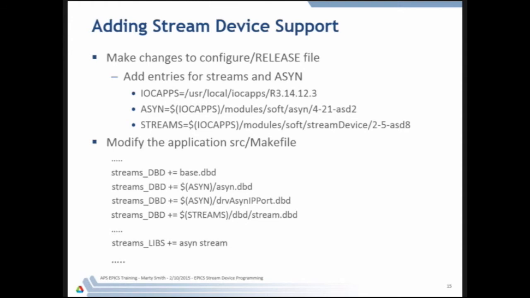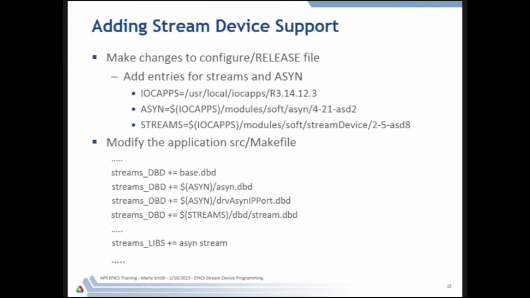So how do you add StreamDevice to an already existing EPICS application? Well, you make changes to your configure release file as shown here. So you've got to add the entry for stream and for asyn, and then you modify your application source makefile by adding the DBDs that you need.